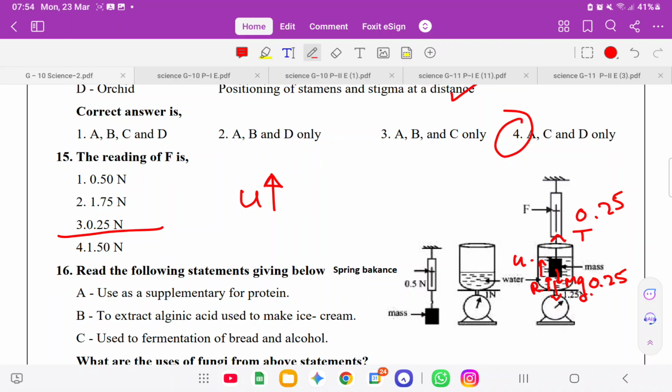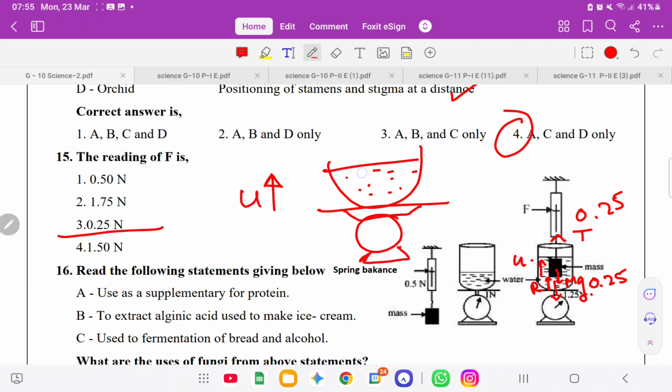If you can't understand that, just ask and I'll explain again. 1.25 means this balance feels the reaction force, or the weight, right?